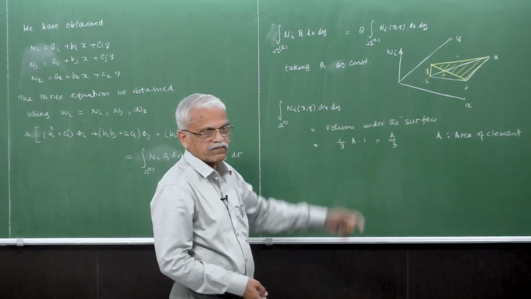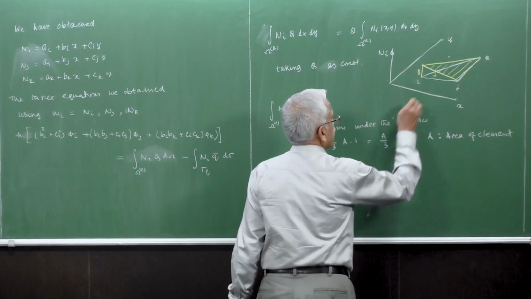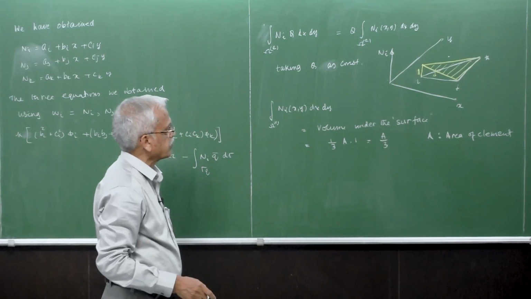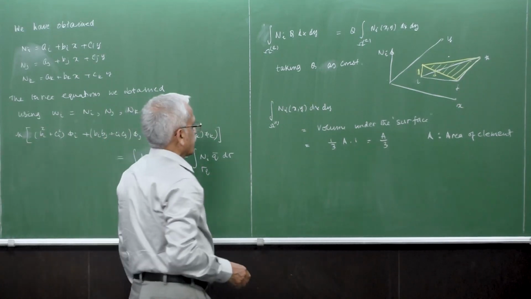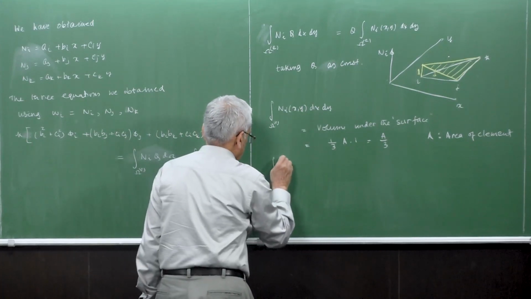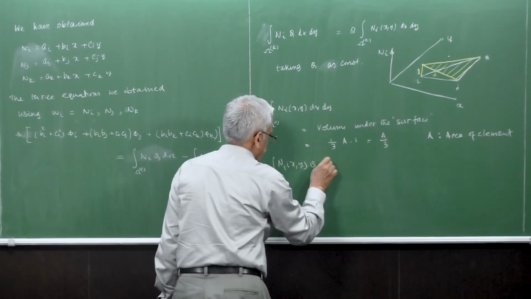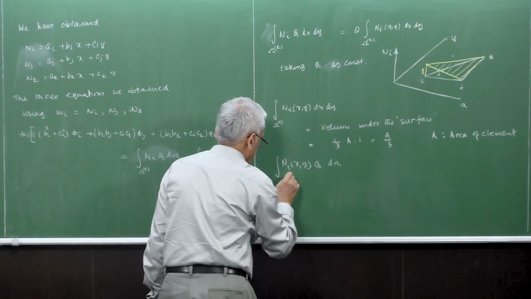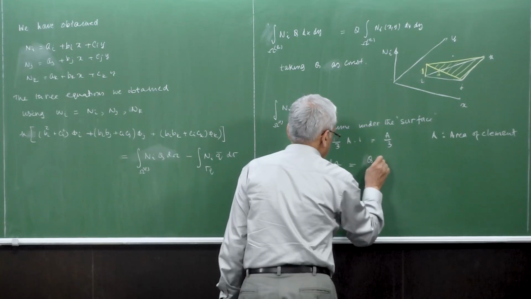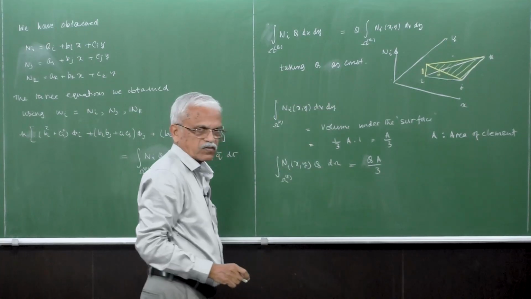Exactly the same way here, the volume under the surface is nothing but 1/3 times area times the height, which is 1. So we have Ni times Q over the volume of the element, which is Q times A over 3, of course under the assumption that Q is constant.